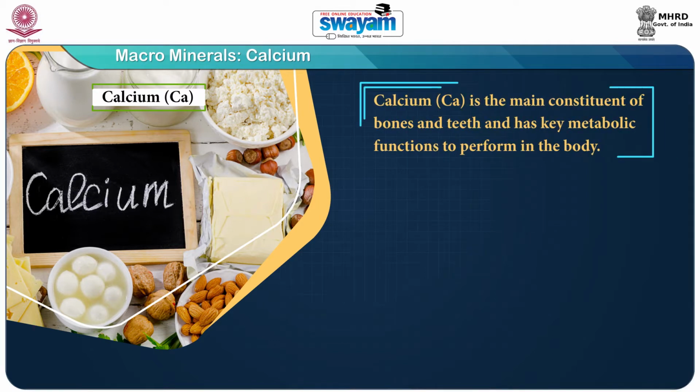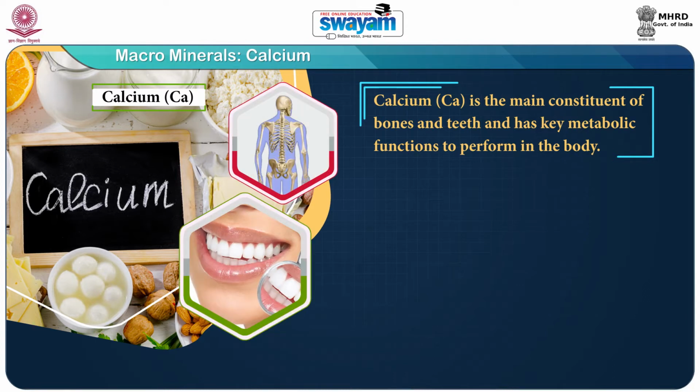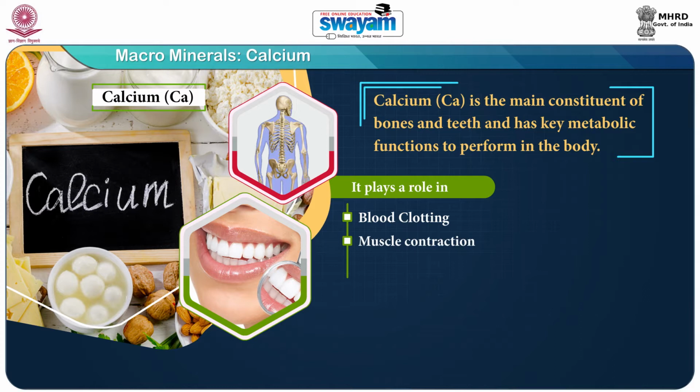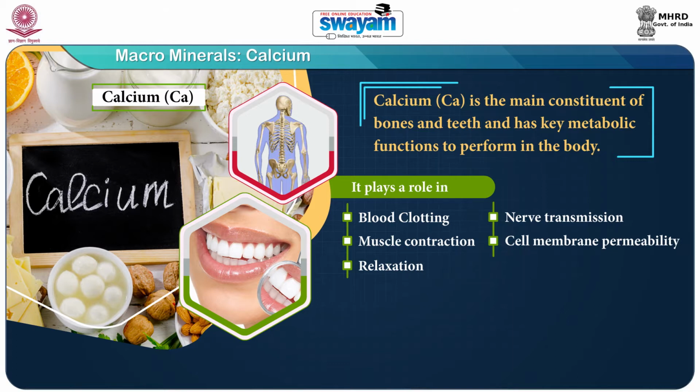Calcium, as we all know, is the main constituent of bones and teeth and has key metabolic functions to perform in the body. It plays a role in blood clotting, muscle contraction and relaxation, nerve transmission and cell membrane permeability.